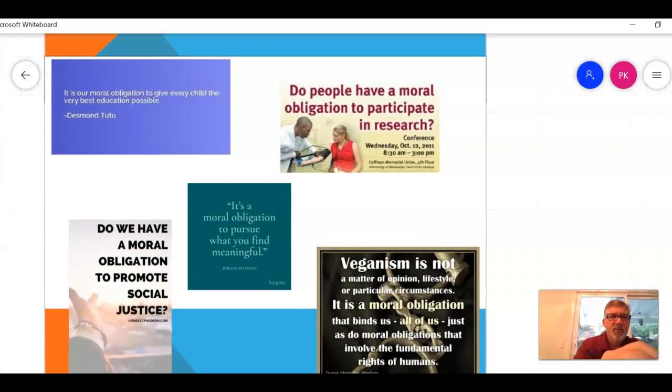Look at the first one, Desmond Tutu, very famous guy from South Africa. Is it our moral obligation to give every child the very best education possible? So we'll look at that. Is this applied universally and impartially? Do houses in better districts that pay more taxes have more funding for education than schools in very poor neighborhoods? And the answer is yes, it's true.